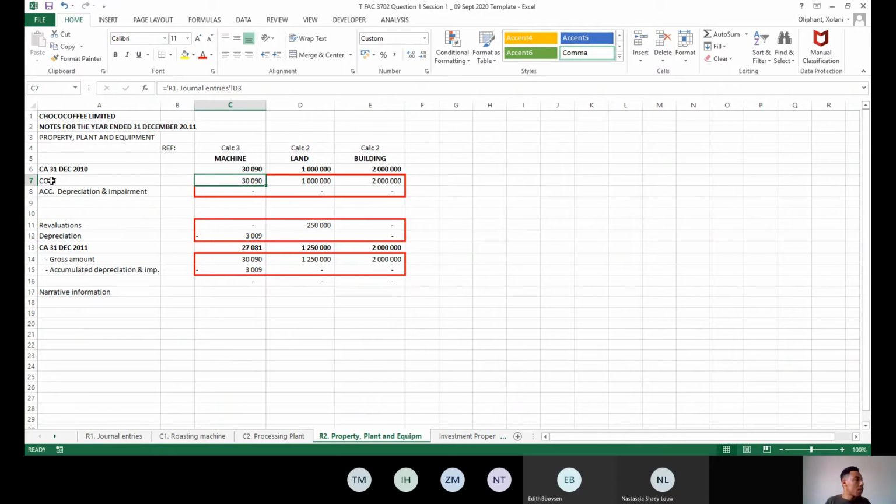Because I already know that it was only available for use on the 1st of January, so in this year there is no depreciation that we need to account for. So I know at 31st of December 2010, I'm sitting at 30,090. That's how you get easy maths, by working out one amount and then plotting that amount across all the different requirements.